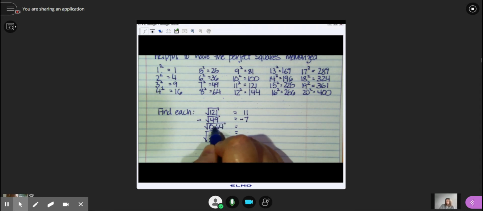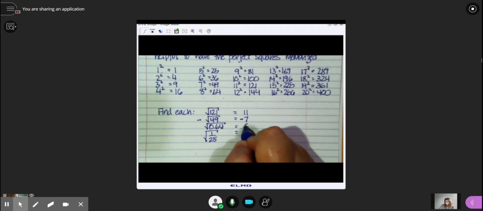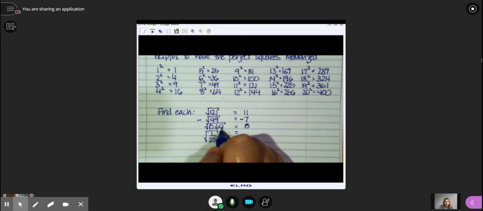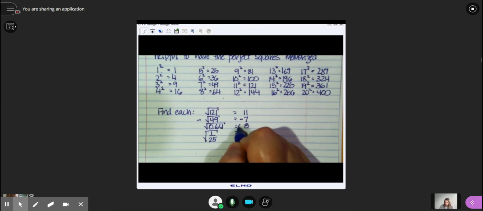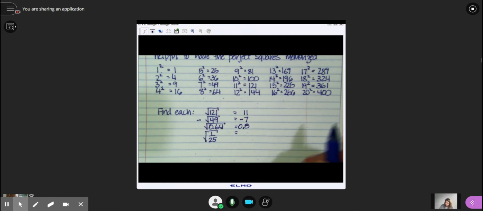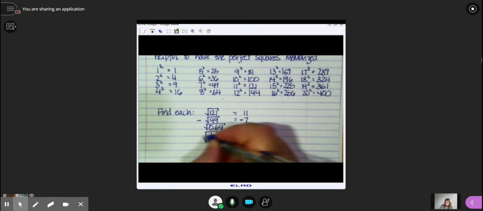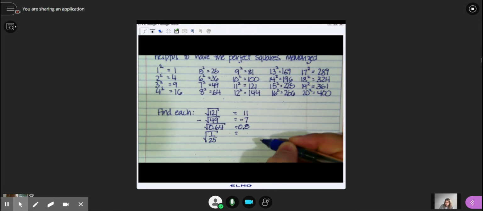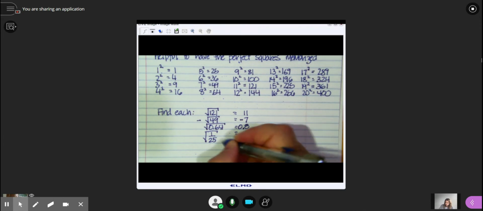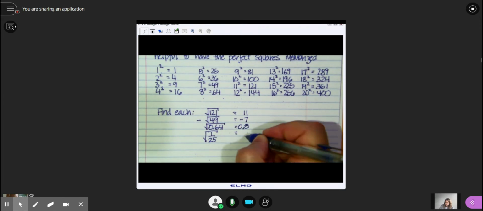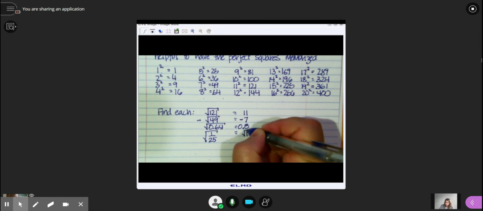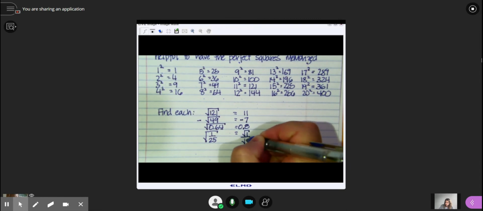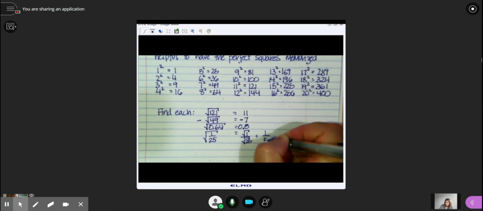The square root of 64 is 8, and the 2 decimal places in 0.64 are cut in half, so this is 0.8. You can always check that on a calculator if you're unsure. The square root of 1 over 25 would be the same as the square root of 1 over the square root of 25, which is 1/5.